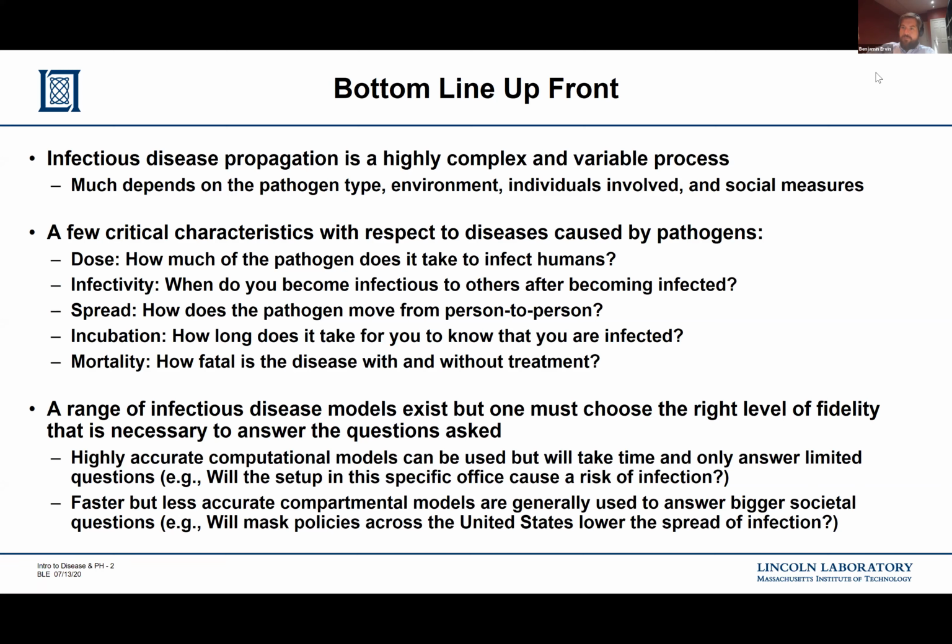For instance, if you're a bank teller, is the setup they have for you going to reduce your risk of becoming infected if somebody who's infected walks in? As opposed to compartmental models, which is what we're going to look at today and what you will probably use for your zombie game, which answers broader questions and shows the peak of infectivity over time.